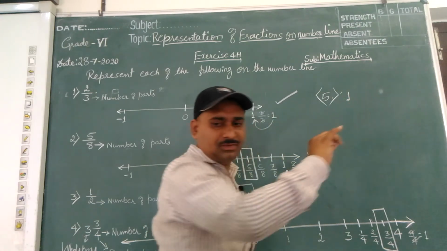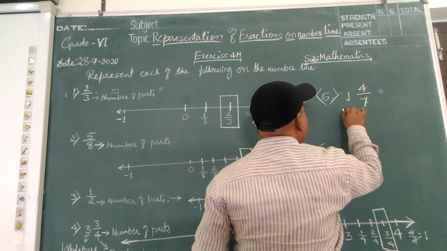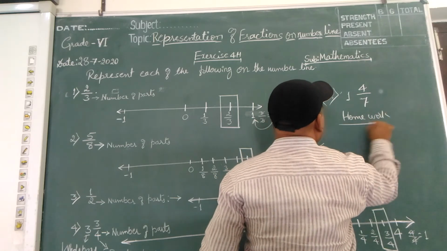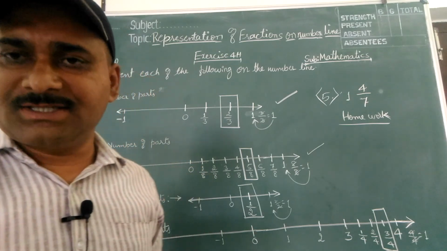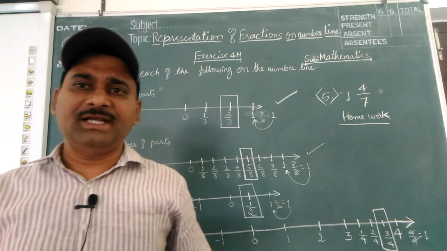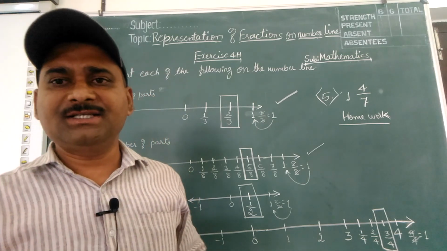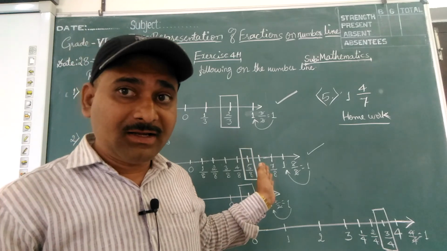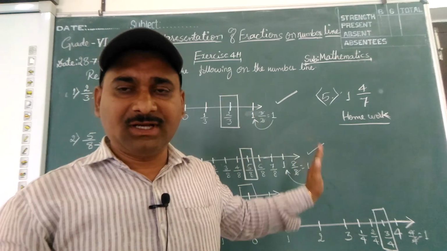Show 1 and 4 by 7 on the number line. In the next class we will continue with the 6th question, and in the next question definitely this exercise will be completed, and the full fractions lesson also we will complete. Okay.